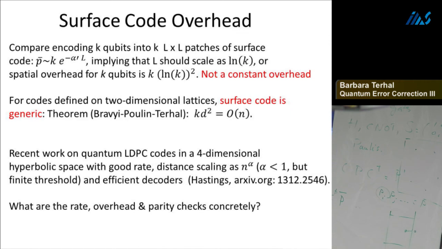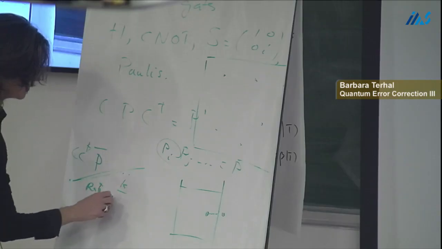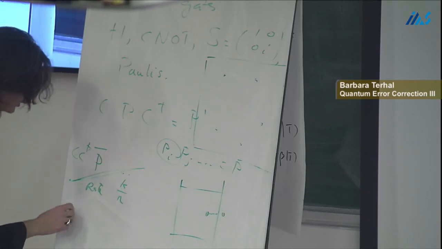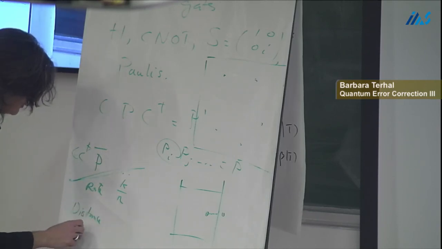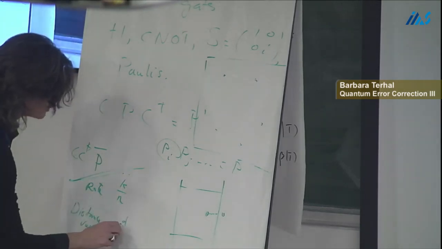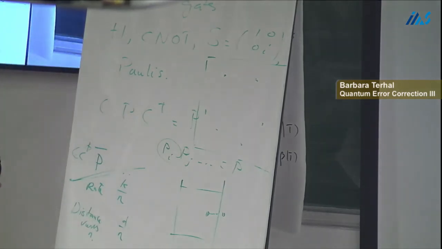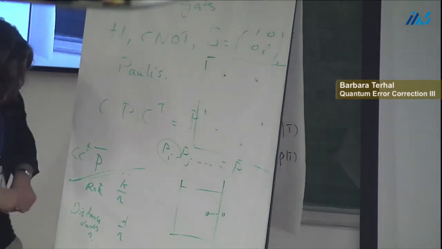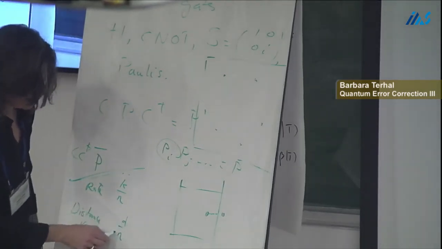but they do have the property that they have a good rate. And what does it mean to have a good rate? The rate of a code is just k over n. What you would like, the best performance of a code, would be something where the distance over the block size is also considered.